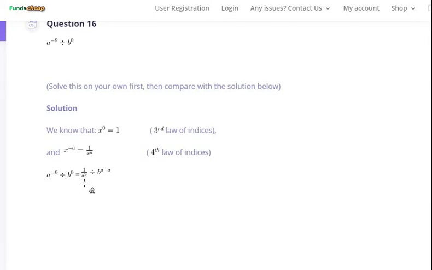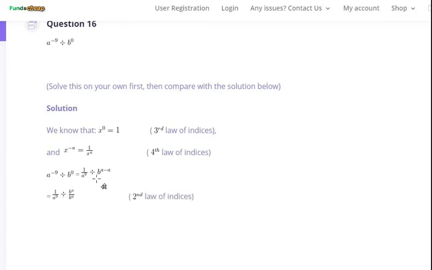We could say 1, but just to make it clearer, a variable deducted from itself gives 0. So b raised to power 0 can easily be written as b raised to power a minus a. So here we have 1 over a raised to power 9 divided by b raised to power a minus a.